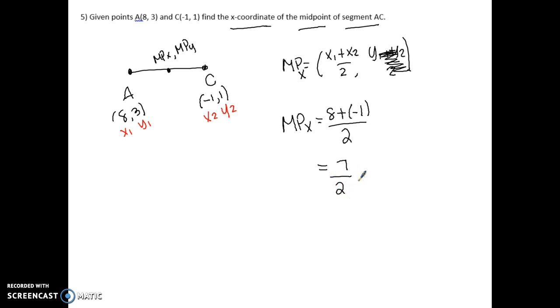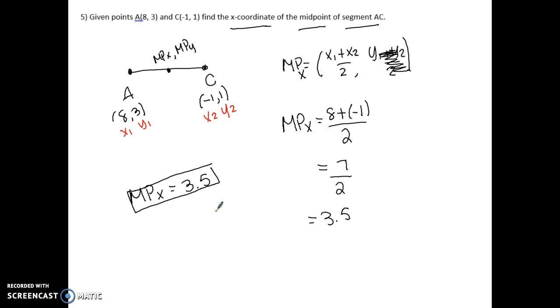And then when we divide 7 by 2, we get 3.5. So our answer would say our MP for our x-coordinate is 3.5. And I think this will just say like A is 3.5 or something like that with our answer choices.